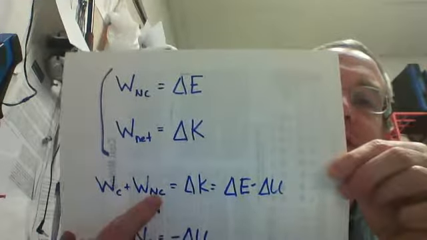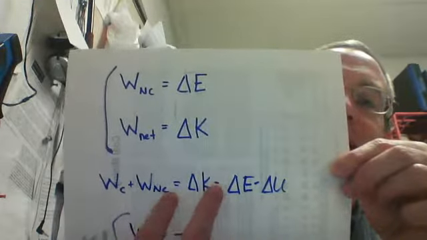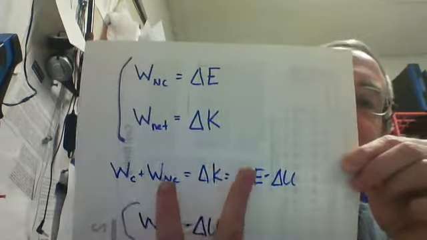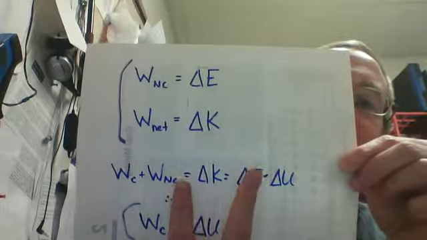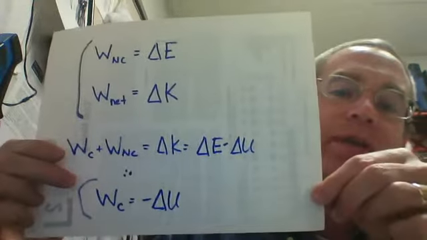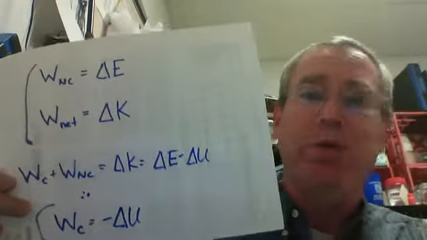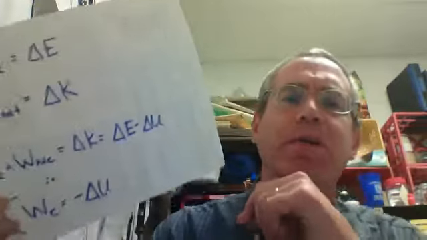Well, since non-conservative work is equal to the change in energy, they are equal to each other, and therefore they cancel out, and what I'm left with is that the conservative work is the negative change in potential energy. Now you're going, wow, that just blows my mind. But how do I actually use this? Well, it actually shows up in some of the other videos and some of the derivations that we do elsewhere. But the big thing is this whole work-energy relationship is something to which I will make reference, and so you should understand the terminology.